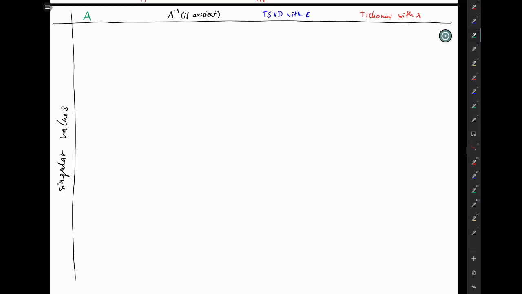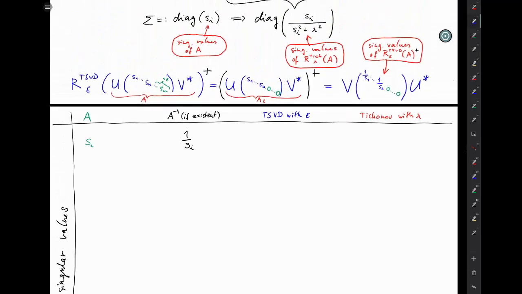Okay, for A, we just put down the notation, and we said that the singular values of A are the numbers that we denote by Si, where i is running from 1 to n or m. Then the singular values of A inverse are just 1 over Si, and you can see that this is only possible if none of the little si's is 0 and if m equals n. For TSVD and Tichonov, let's look up quickly what we got here.